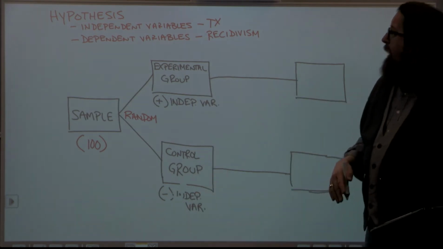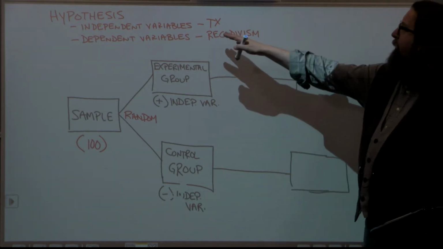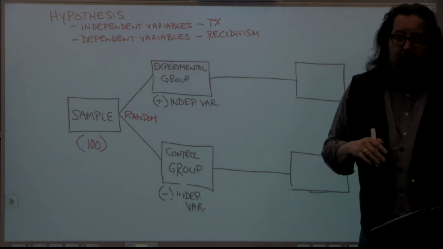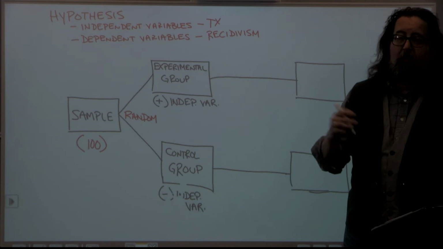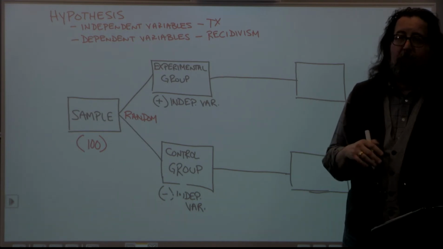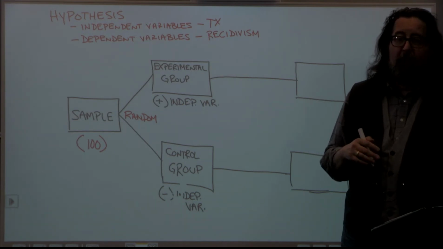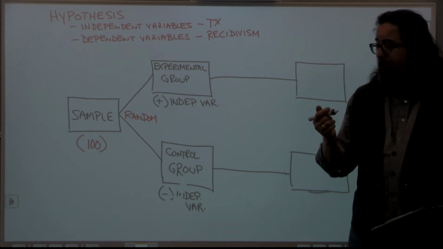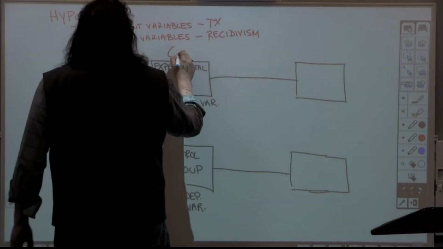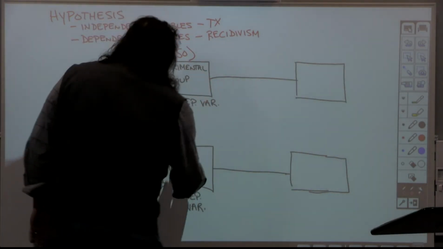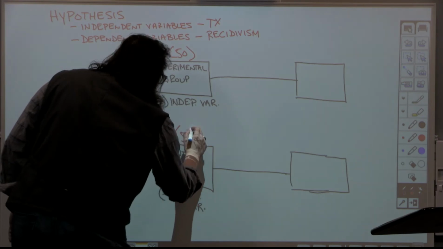Okay, so now we need to get into some more specifics about what our independent variable is going to be. We said it is going to be treatment. Of course, in the abstract or the description of our treatment, we would have gone into much more detail about exactly what treatment entails. For all intents and purposes, we've taken 50 people to put in the experimental group, and we're going to put 50 people in our control group.